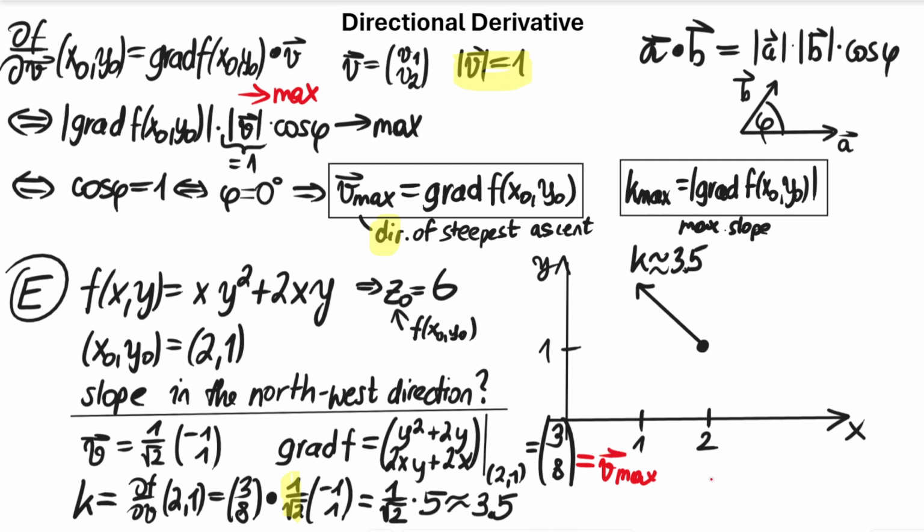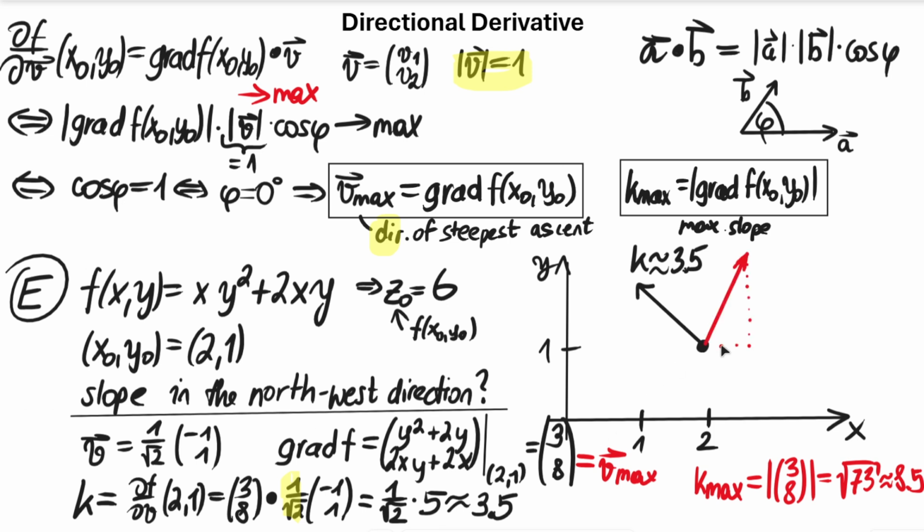And if you want the slope Kmax, you simply compute the magnitude of this gradient vector, which is in our case the square root of 9 plus 81, 64 plus 9, sorry, is 73. So we have approximately 8.5. So let's look to the sketch.